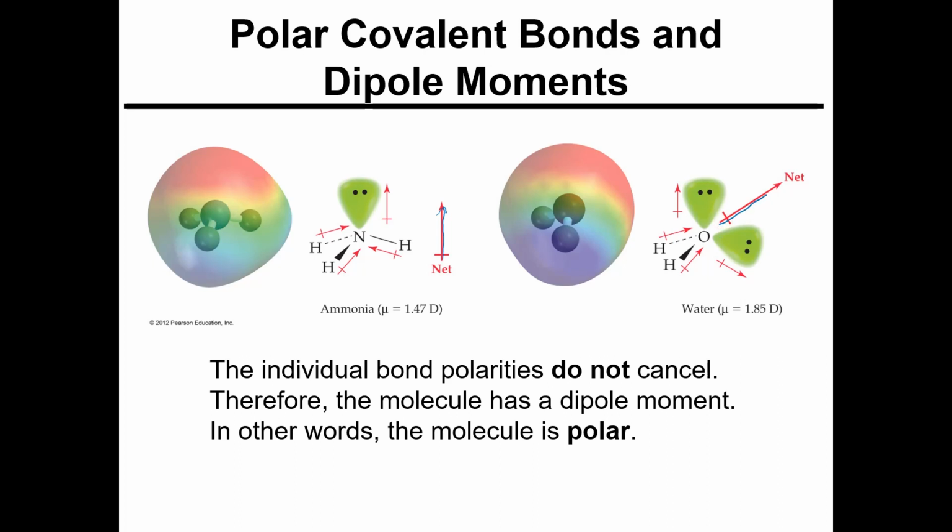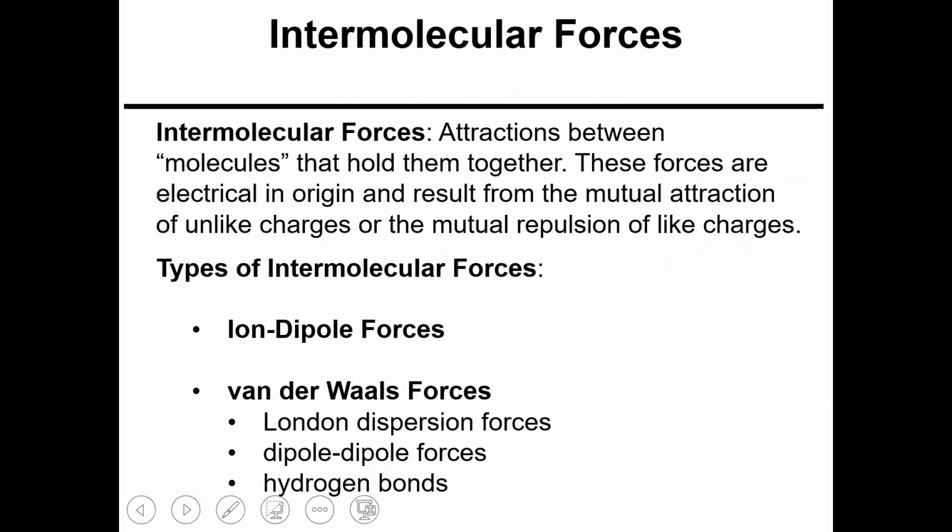If we take the net dipole, it's going towards the oxygen. So in these cases, the bond polarities don't cancel each other out, and overall the molecule itself would be polar.